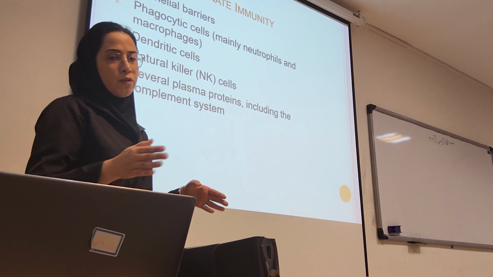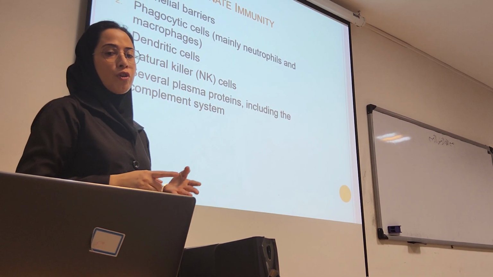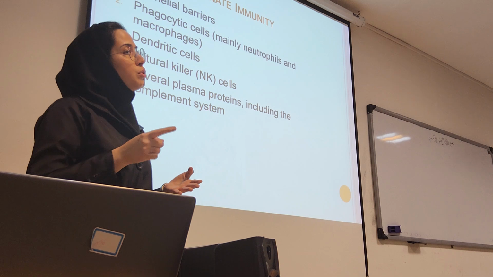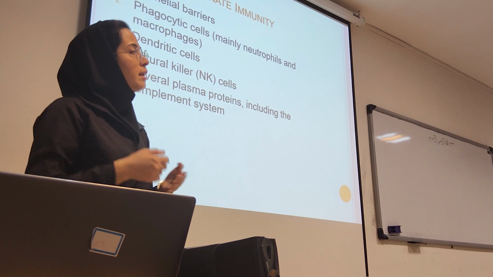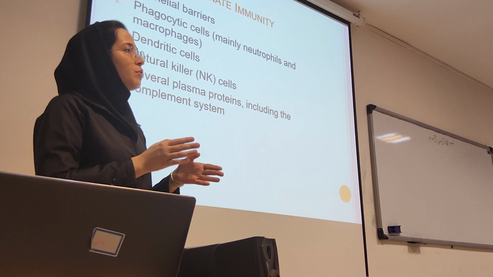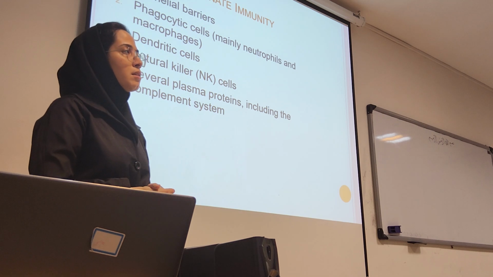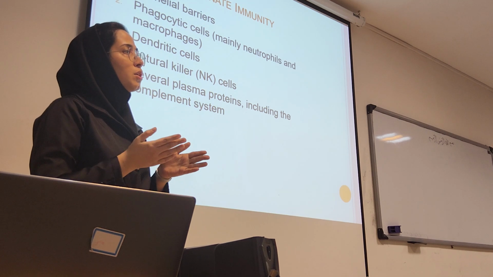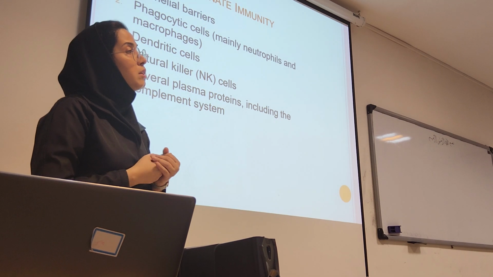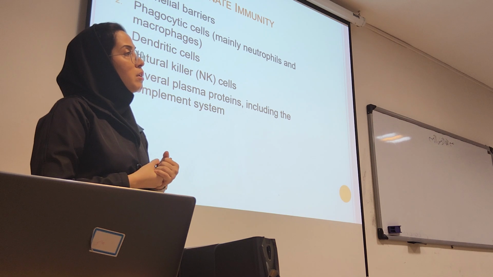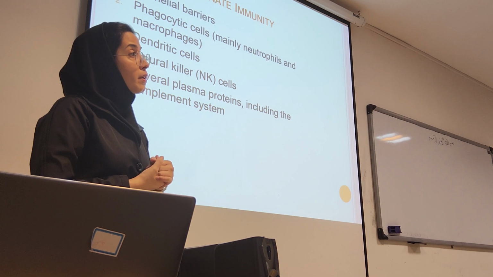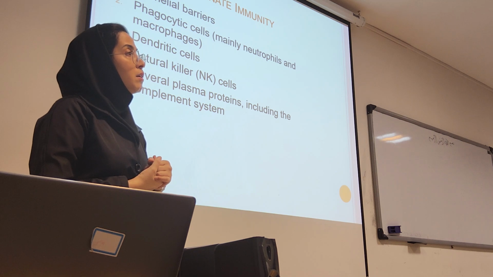As you recall from the chapter on inflammation, we have phagocytic cells, which are mostly neutrophils and macrophages. And what was the difference between neutrophils and macrophages? Their half-life, for example; macrophages live longer than neutrophils, and macrophages can phagocytose bigger debris or bigger particles.